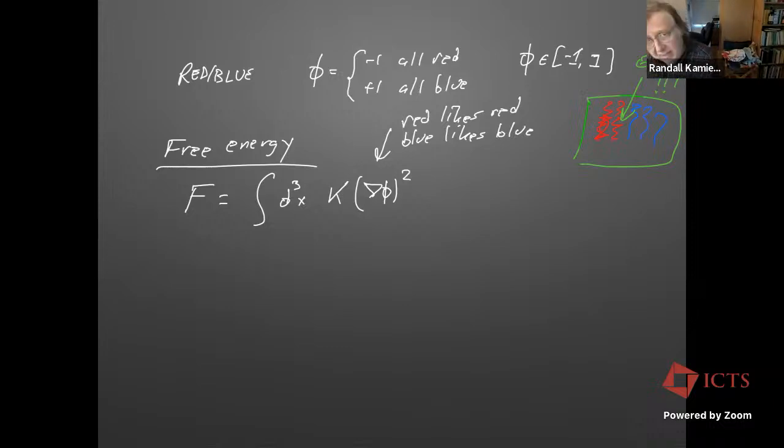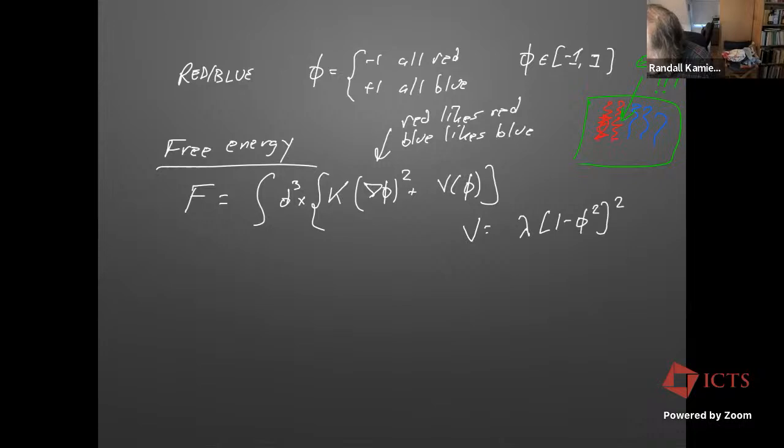You also have something in the energy that tells you there's some potential that depends on phi. This is some potential. For instance, it could be a potential like this, which is lambda times (1 minus phi squared) squared.